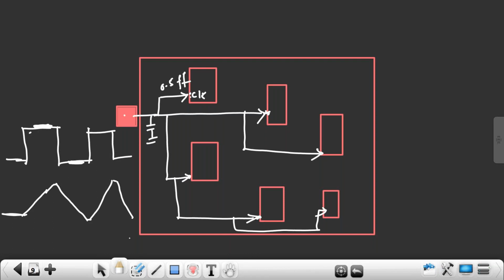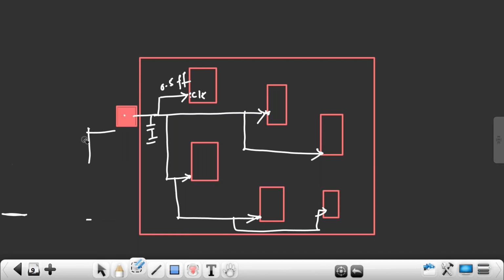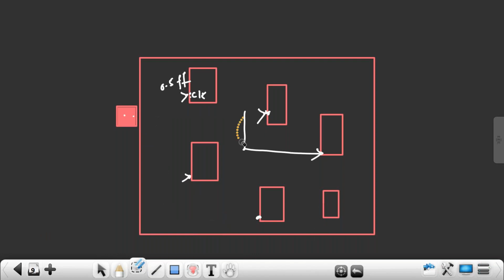So for that reason, what we do is we start building the clock tree. You start splitting this entire buffer connections. For the entire flip-flop connections, you take from here, you take 1, 2, 3 buffers. Now this clock port is driving how many cells?